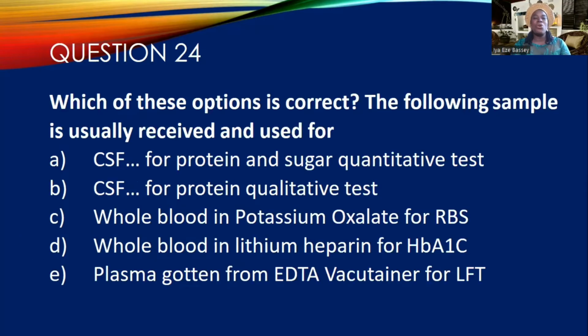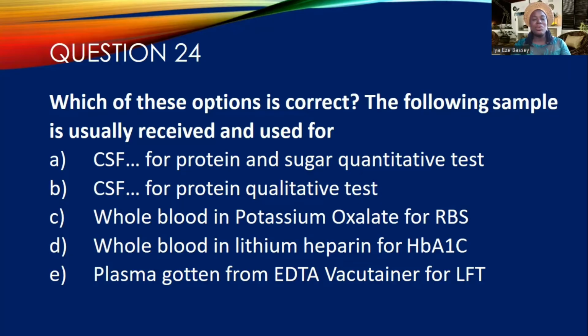Question number 24. Which of these options is correct? A, the following sample is usually received and used for CSF, protein and sugar quantitative tests. B, CSF for protein qualitative tests. C, whole blood in potassium oxalate for RBS. No. D, whole blood in lithium heparin for HbA1C, glycated hemoglobin.